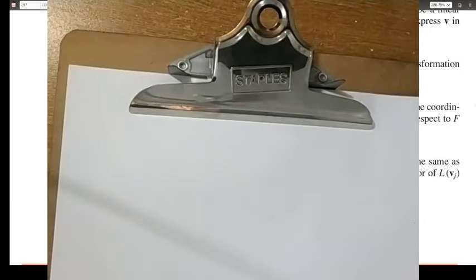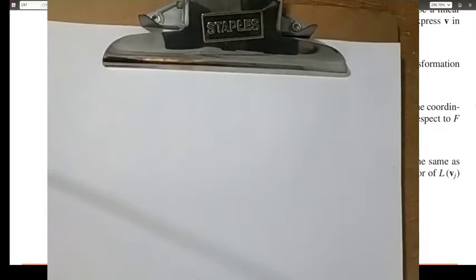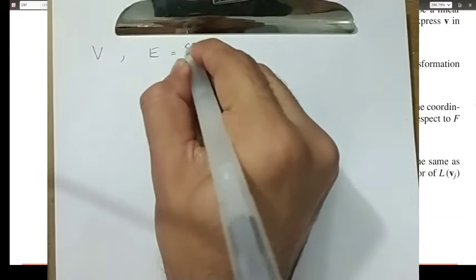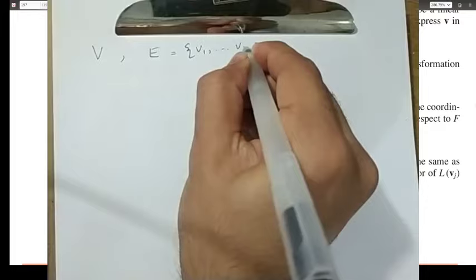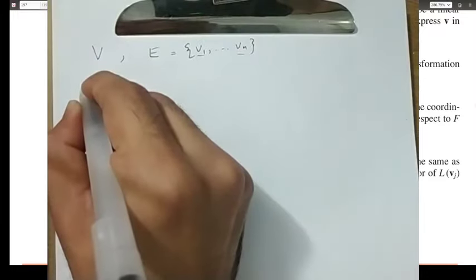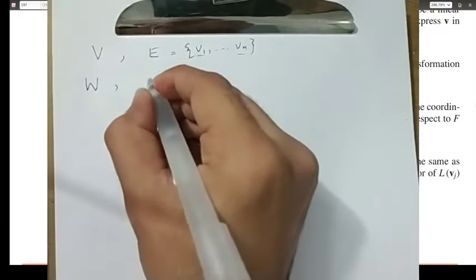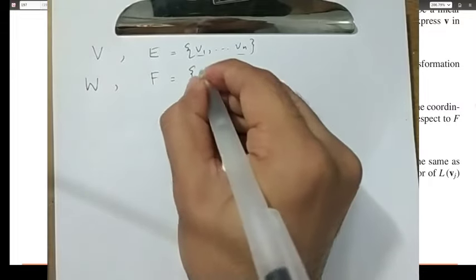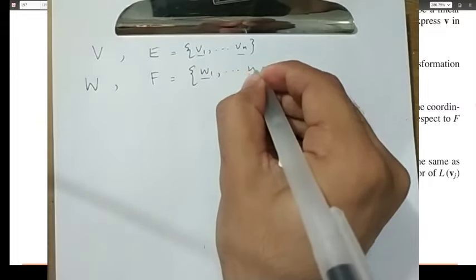So let's write this down a bit more. Let's state what we're talking about very clearly. We have vector space V, which has a basis E, V1 to Vn. We have a vector space W with basis F, W1 to Wm.